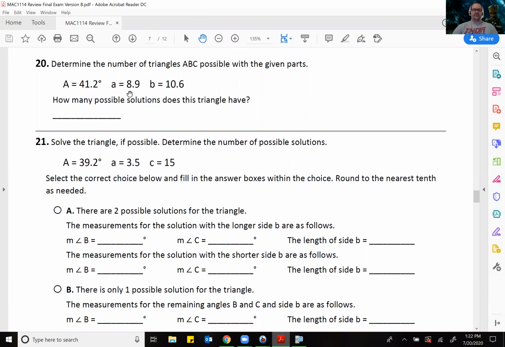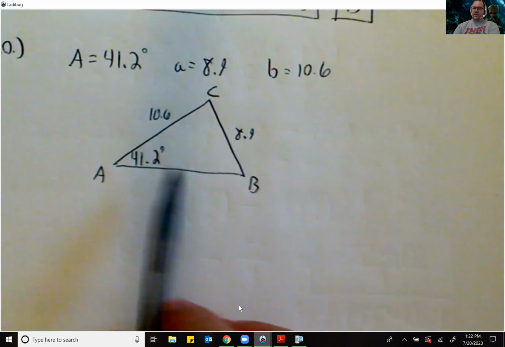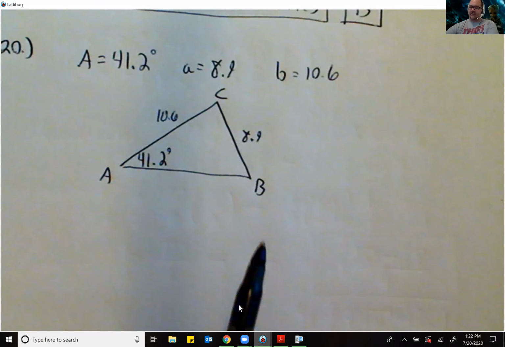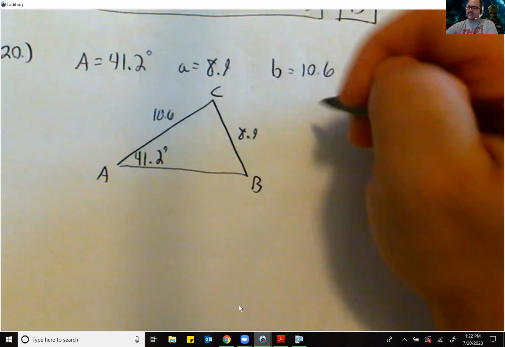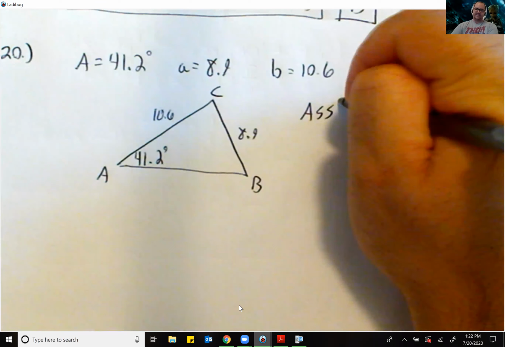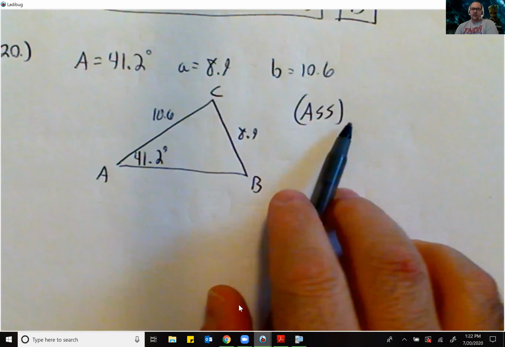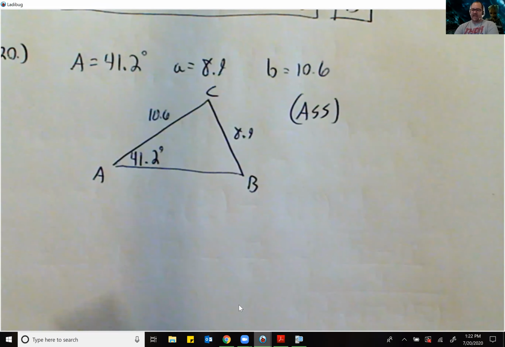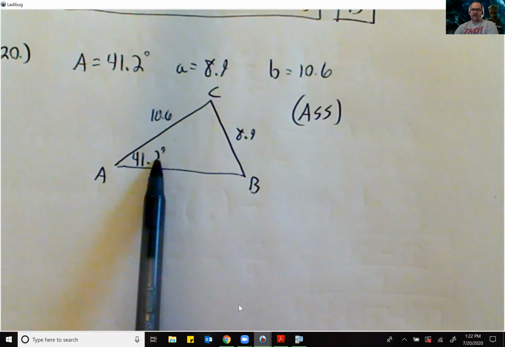But in this one, this part should just say how many possible triangles are there. Because when we look at our picture, what they have given us, and this is why I draw the picture, they have given you angle side side, or SSA.